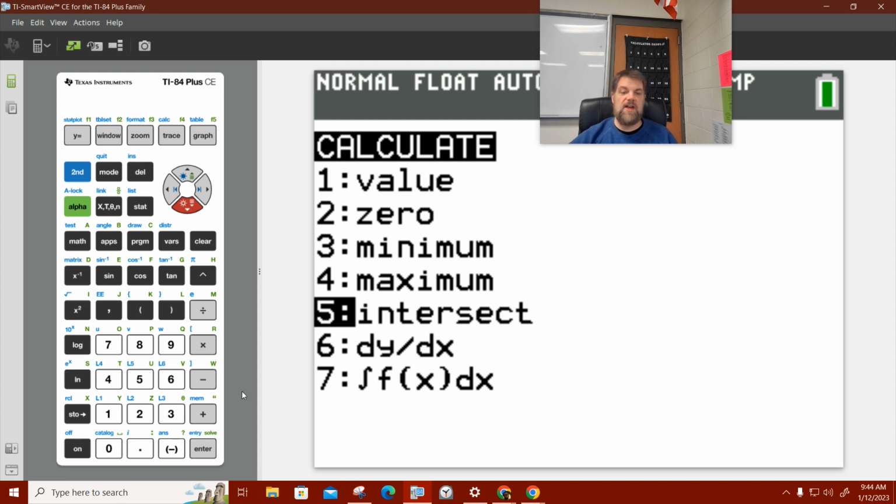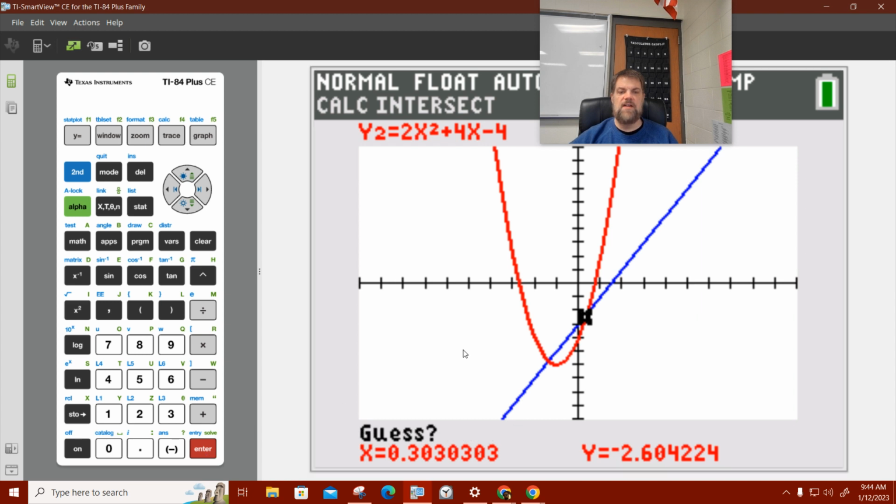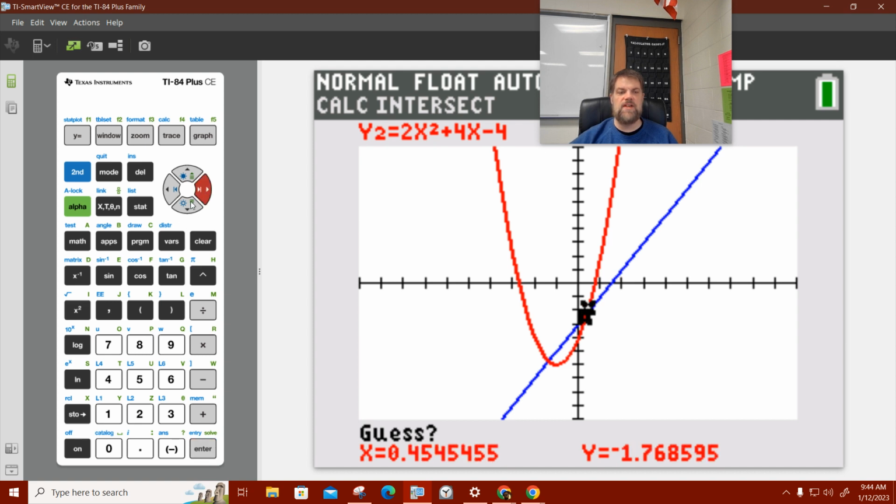Okay. So when I hit intersect and hit enter, you get it as close to the intersection as you can. Hit enter, hit enter. The first one wants you to move it close to the intersection for the first line. Then the second one asks you to move it for the second curve. And then it wants you to guess. I think maybe I could go over here.